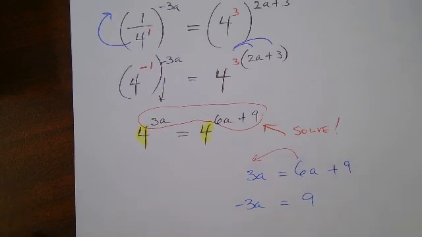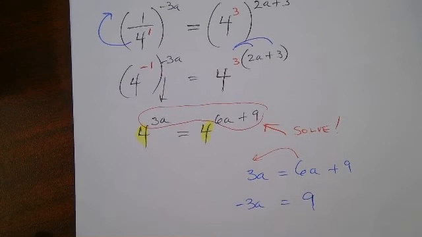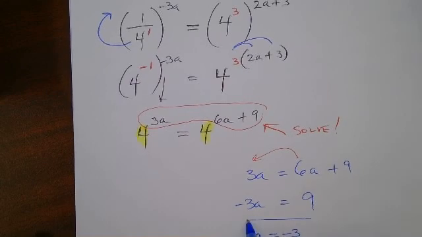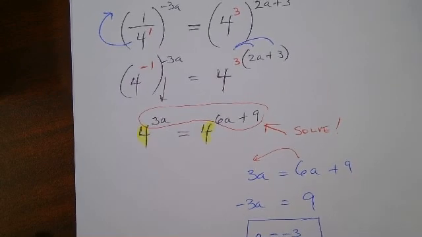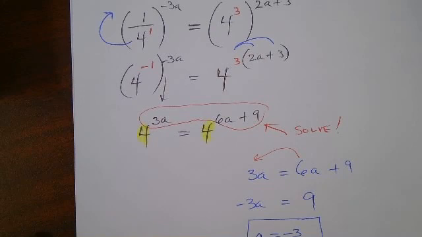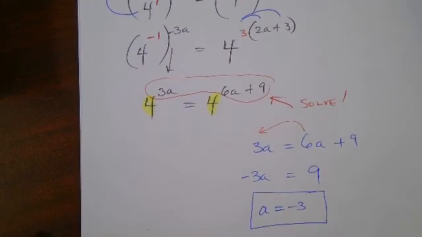And I'm going to get negative 3a is equal to 9, right? When I move this positive 6a over there, it's going to be negative 3a. And you're going to get the answer. There are different ways to solve it, but you're going to get a is equal to negative 3. Okay, there it is. Good luck with this assignment.